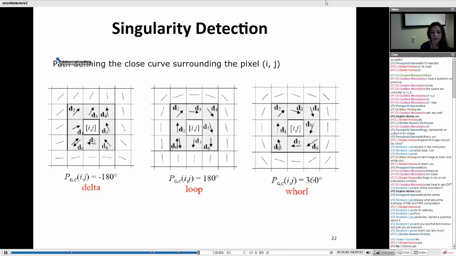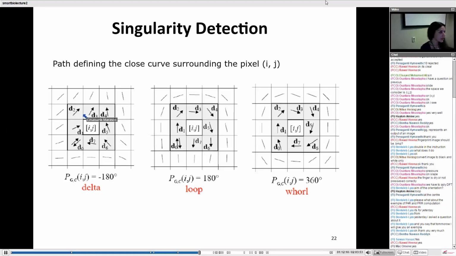Okay, good. So we discussed the Poincare index method to extract singularity points from a fingerprint image. Now let's see visually the operation that we are doing. We are considering a local area of the fingerprint, specifically a pixel with coordinates i, j and its neighborhood.